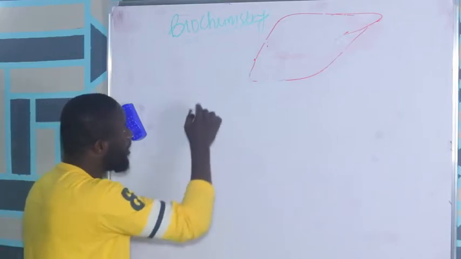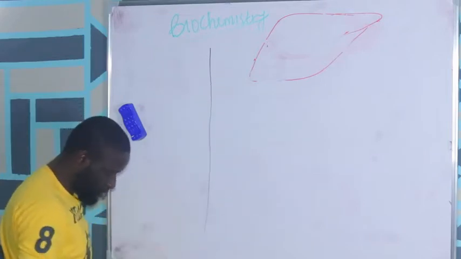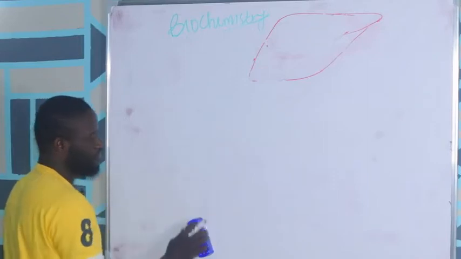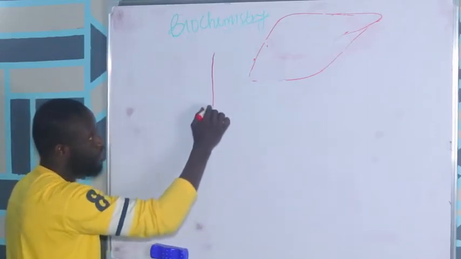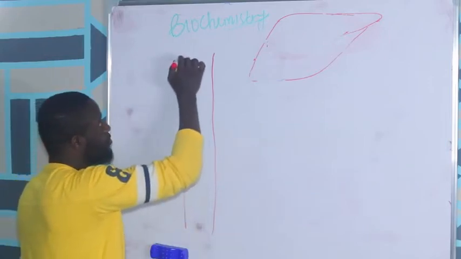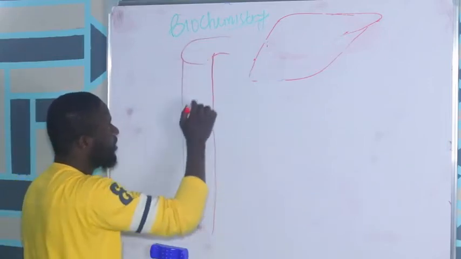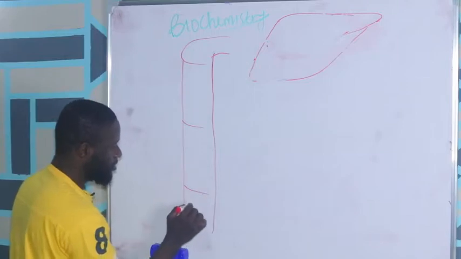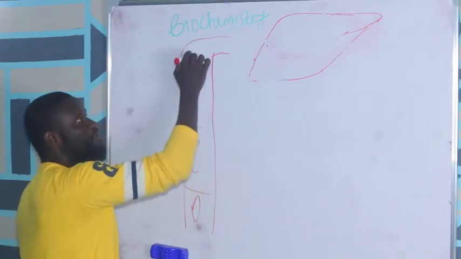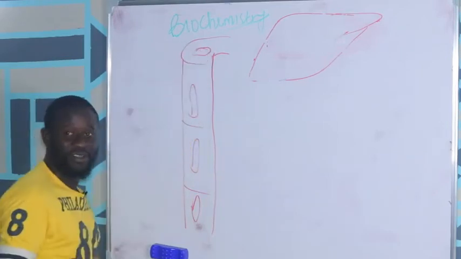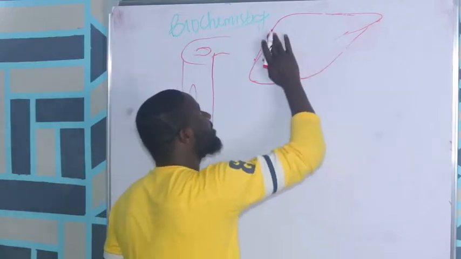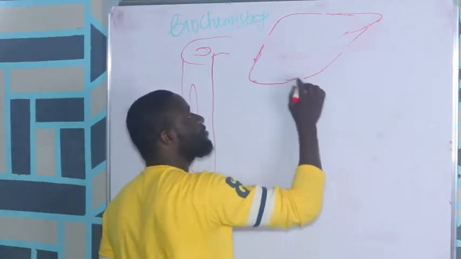So let's use the red pen. Let's represent our bloodstream, the blood vessels, this way. I'm just going to put it in red, since blood is red. I'm going to represent the liver this way.